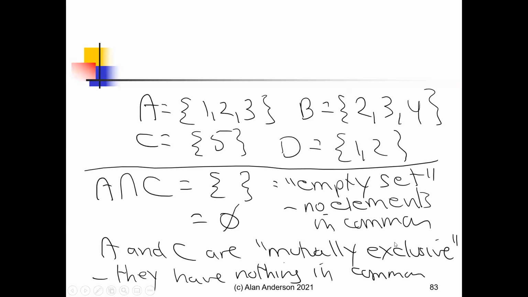Mutually exclusive simply means we have two sets that have nothing in common. Unions are different, you're just combining them. With an intersection, you're looking for what they have in common, if anything. And the answer is they may not have anything, which in this case, they do not.